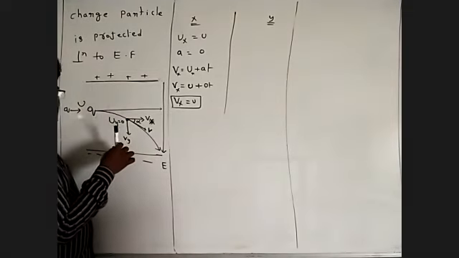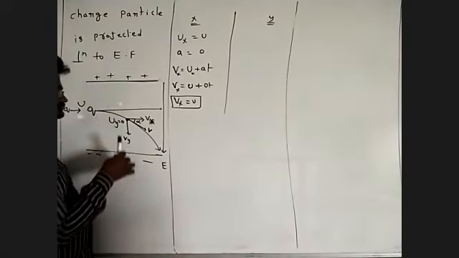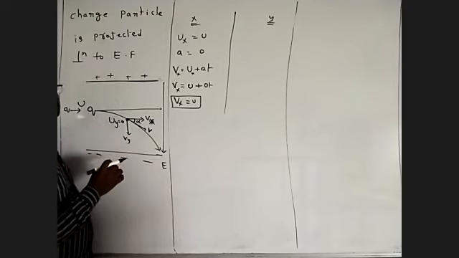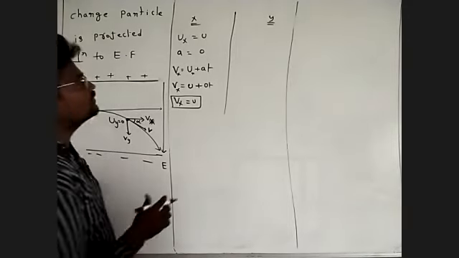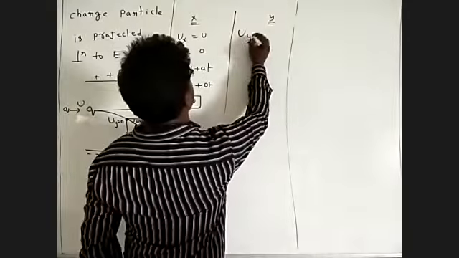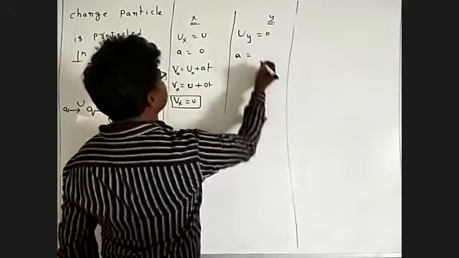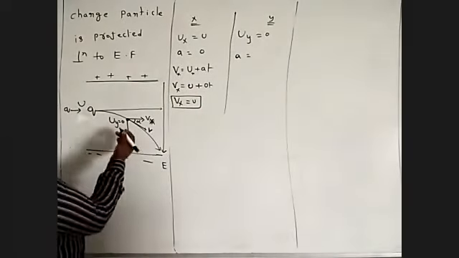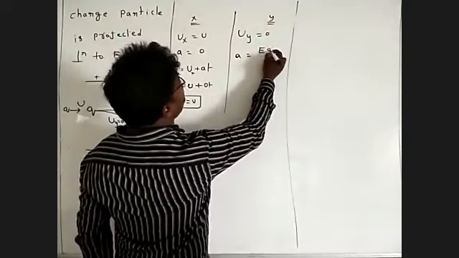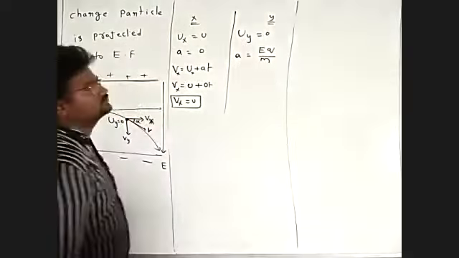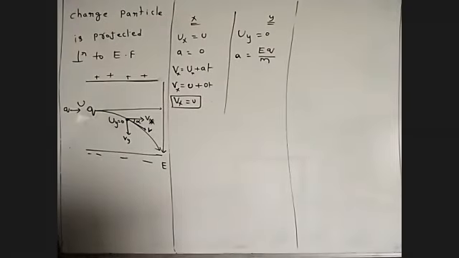The body is not projected along the y-axis. So uy is equal to 0. But the acceleration a is equal to qE by m, since the charged particle moves in this direction. That is the acceleration of the charged particle.